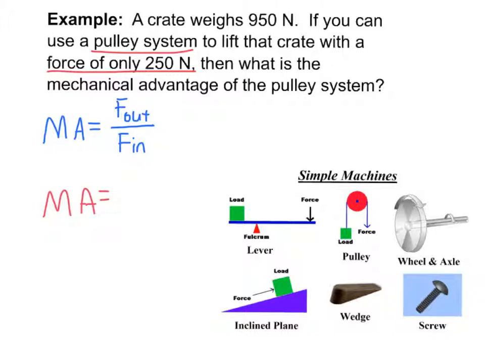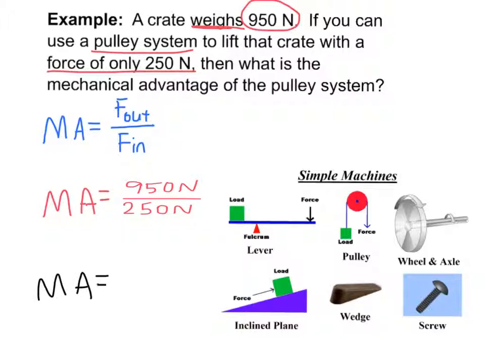The force that we're actually getting out of this is 950 newtons. Remember, weight is a measurement of force. So in essence, we're getting 950 newtons of force out of this, but the pulley's only putting 250 newtons in. When we multiply this out on our calculator, we get our mechanical advantage to be equal to 3.8.